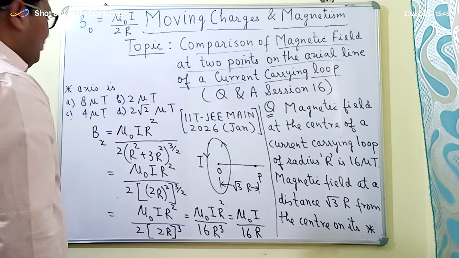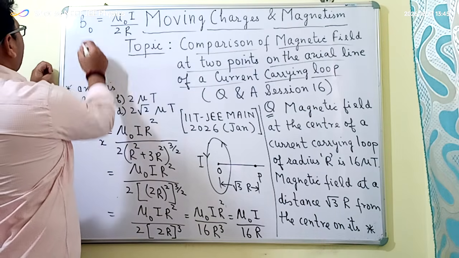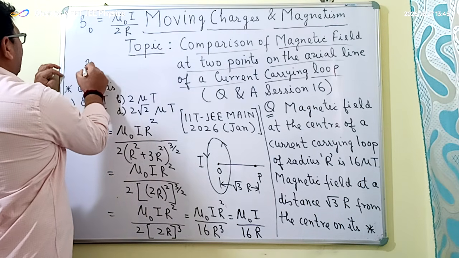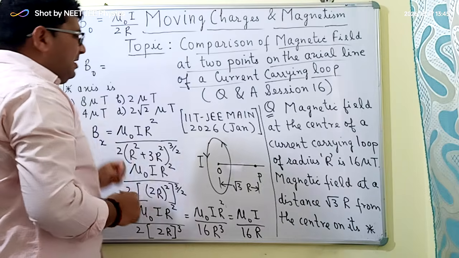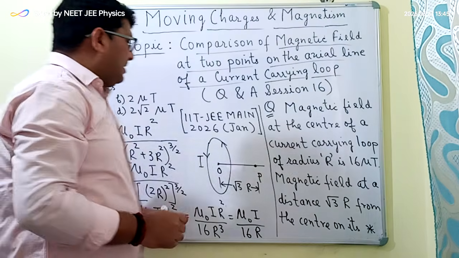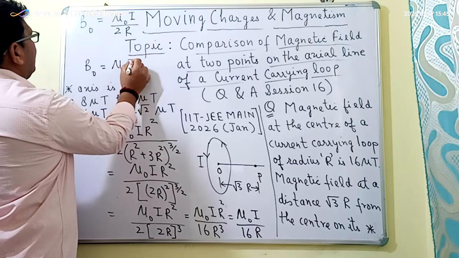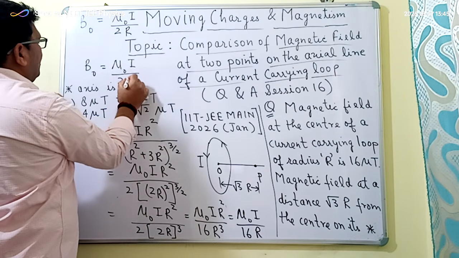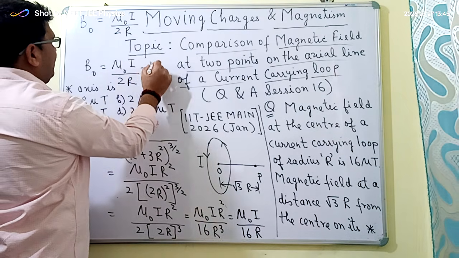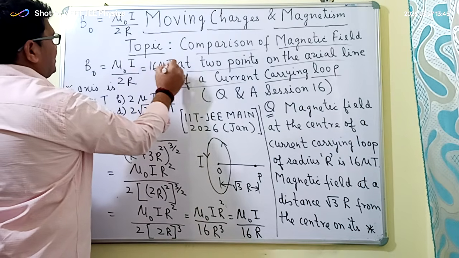Now B0, the magnetic field at the center of the current carrying loop, is equal to mu naught I upon 2r, and this is equal to 16 micro Tesla.